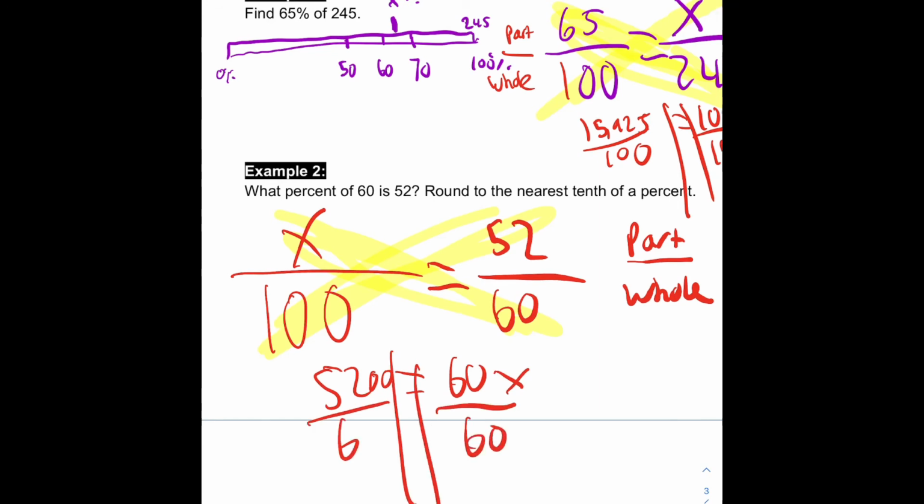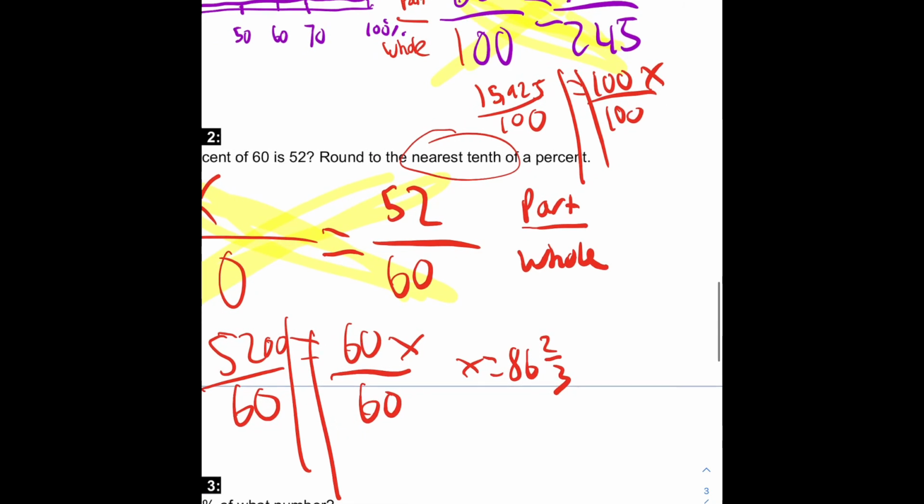Divide by 60. And I get 86 and 2/3, so x equals 86 and 2/3. But it does say to round to the nearest tenth of a percent. So that's like saying 86.666, again, it's going to be repeating. So we would say that that is 86.7%.